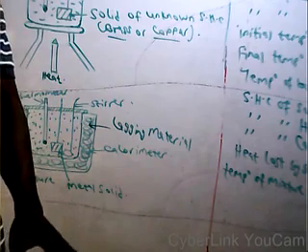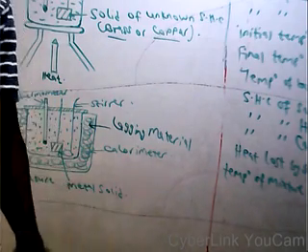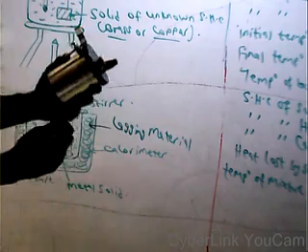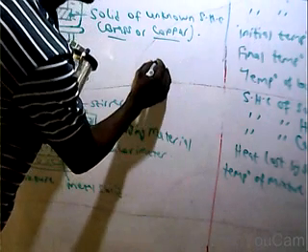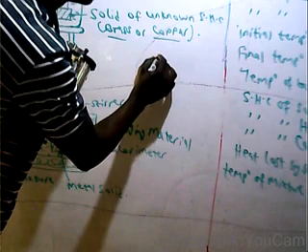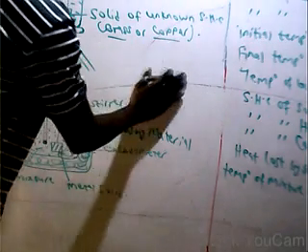So we weigh the whole of this together with the stirrer, everything, and we record the value as M2, because our M1 will give the mass of the solid.